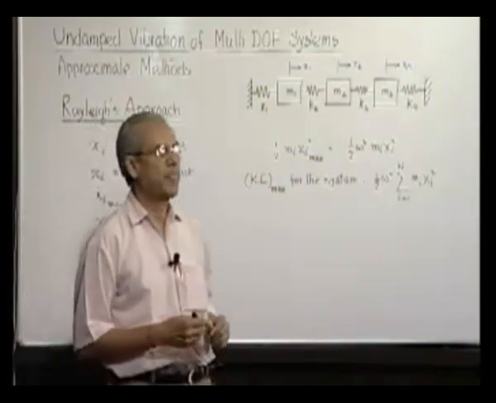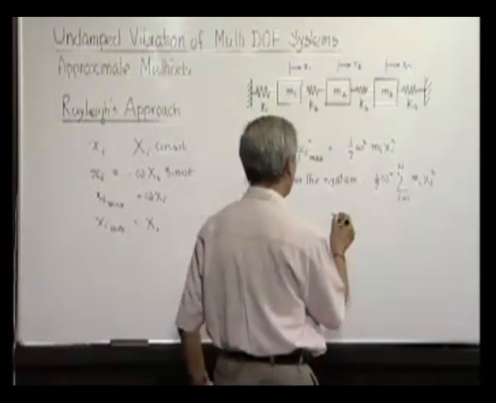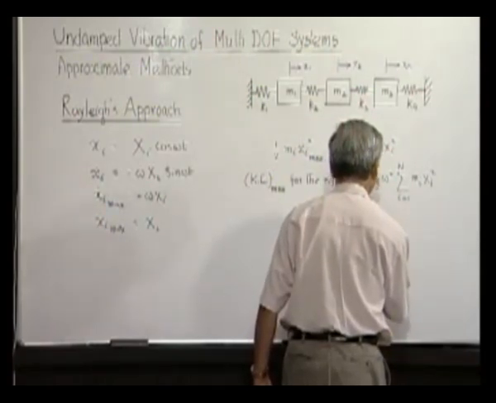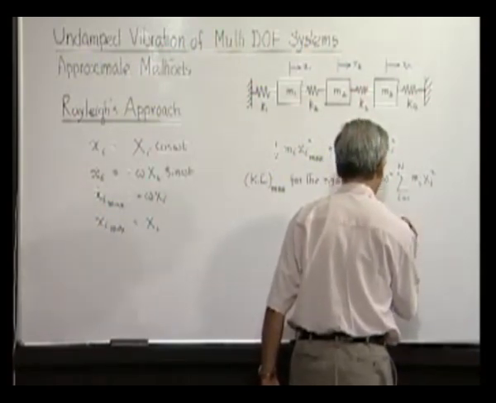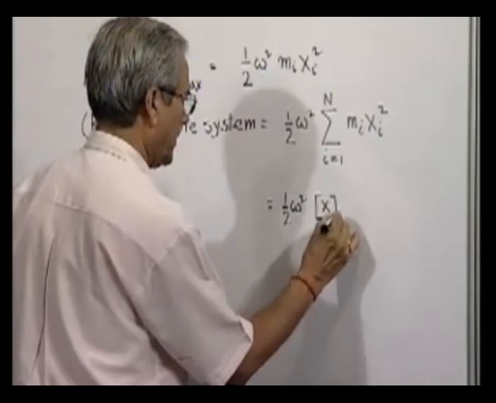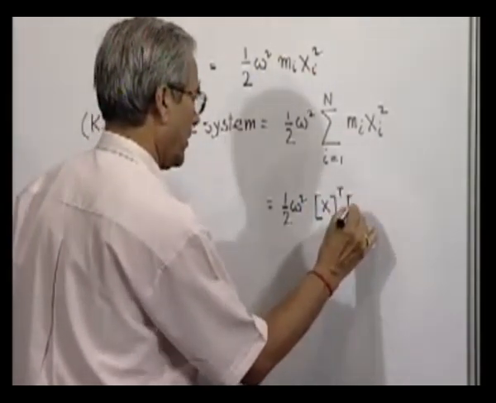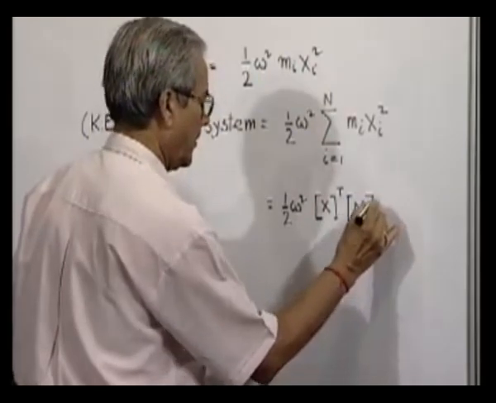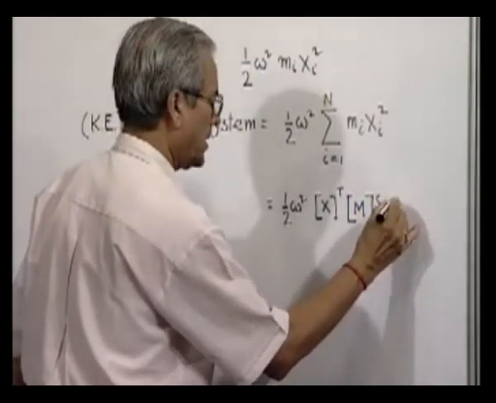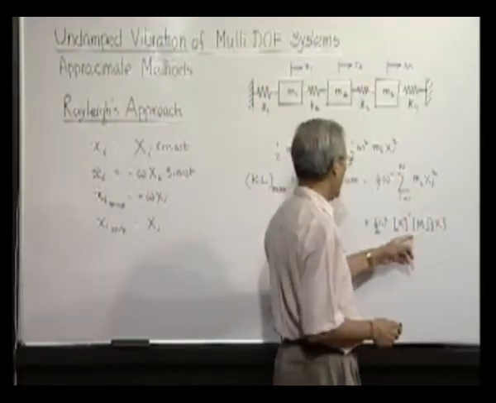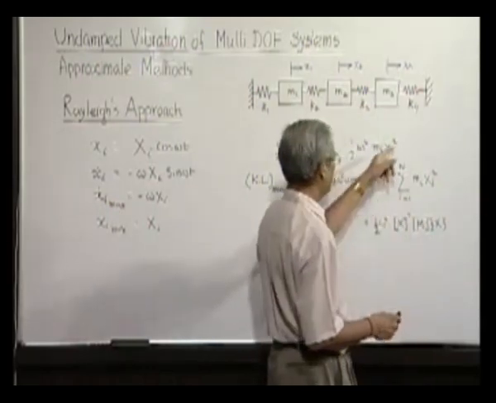Now, this can be written in matrix form like this. This is a straightforward demonstration. I am avoiding it, but you can easily expand it and find out that this is nothing but this.